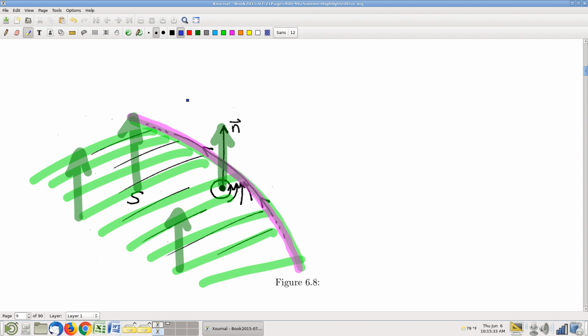I'll use this right here. With my thumb pointing up, my fingers on my right hand want to go that way. Let's not worry about the rigor. There's a swirl going around that way, around that normal vector. Is everybody on board?